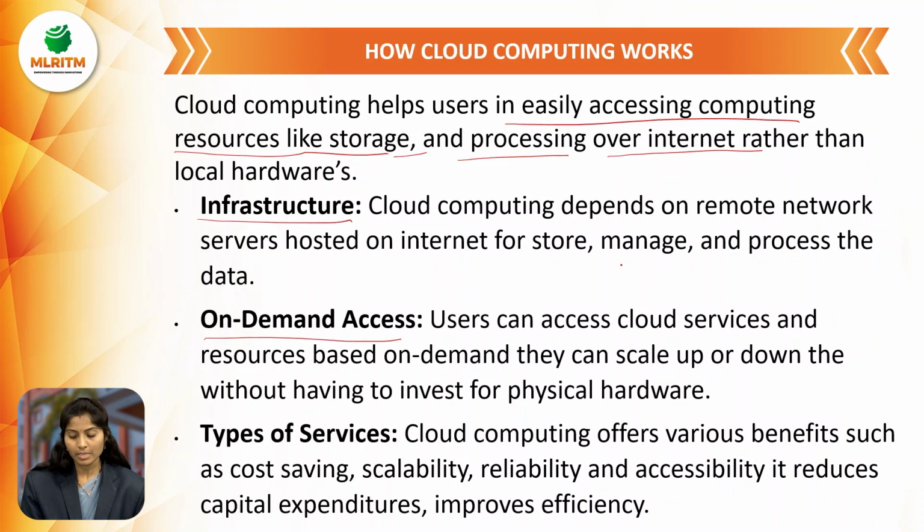Cloud computing depends on remote networks and servers hosted on the internet to store, manage and process data. We can store any type of data in the cloud. On-demand access: users can access cloud services and resources on demand. They can scale up or down without having to invest in physical hardware.